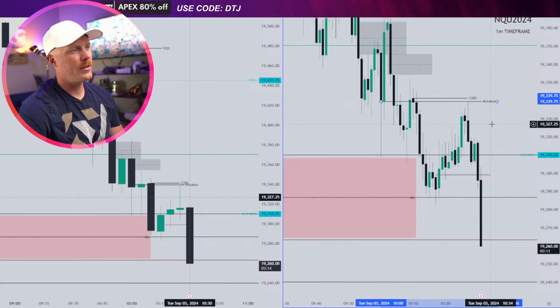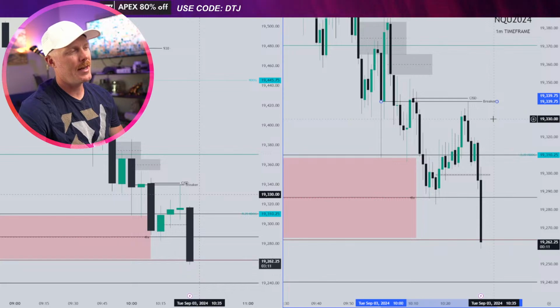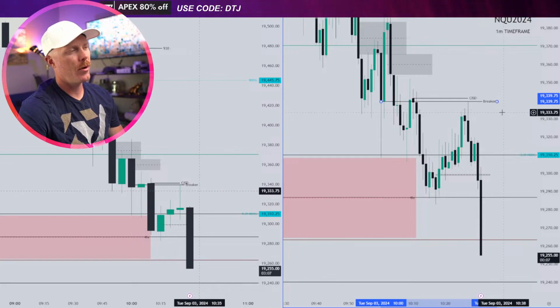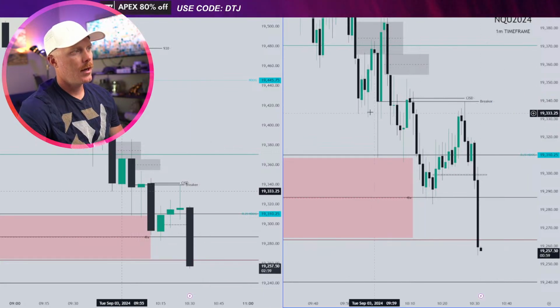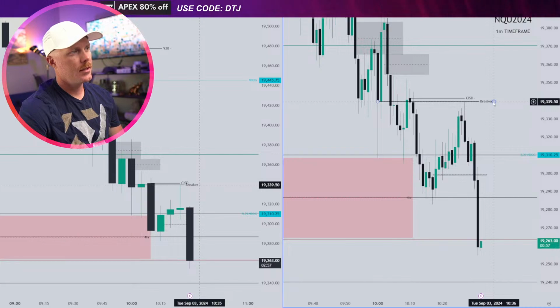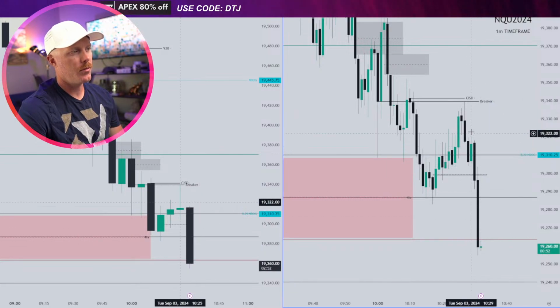I probably would have never taken it, and to expect myself to identify that when I already wanted to see higher prices. Now, if I was bearish and looking for bearish moves, I may have seen this. But I wasn't looking for lower moves, and it's obvious we are going down.